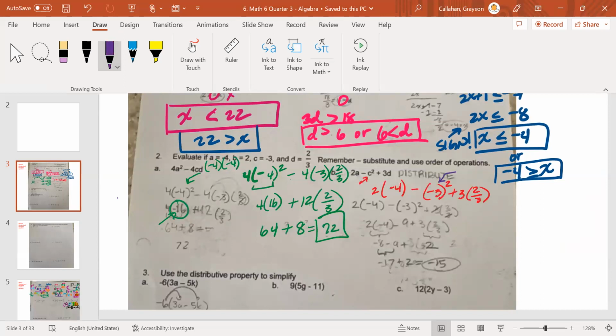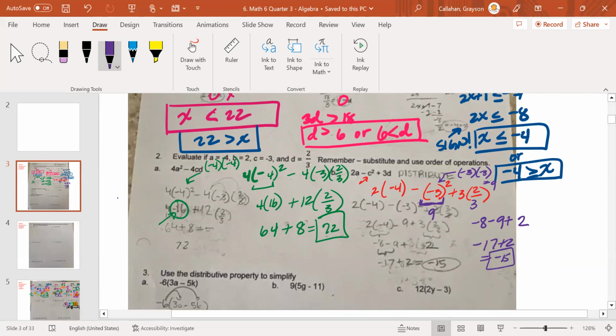So this part right here is -3 times -3, which is a positive 9. Do you see that? So when you replace this, that's going to be replaced by a positive 9. 2 times -4 is -8 minus 9 plus 3 times 2 is 6. What's 6 divided by 3? 2. Do you see that? Okay, that's a -17 plus 2, which is a -15.